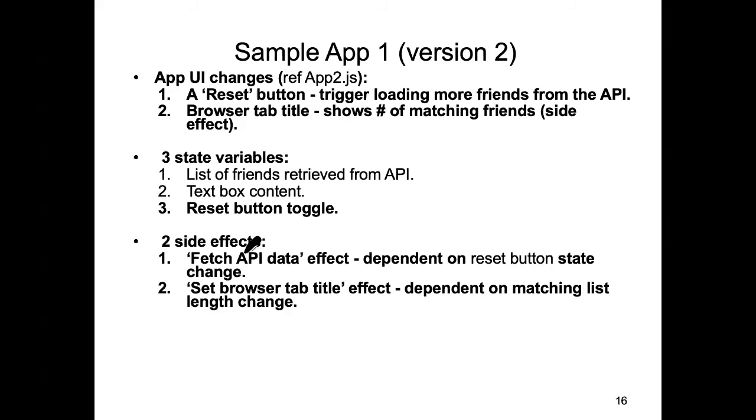So that useEffect dependency array is going to change. Initially, it was just an empty array. The second effect then is the changing of the browser's tab. I'm going to implement that using the useEffect hook. There's no asynchronicity going on here, but it's still a side effect, and it's still something that we would implement using the useEffect hook.